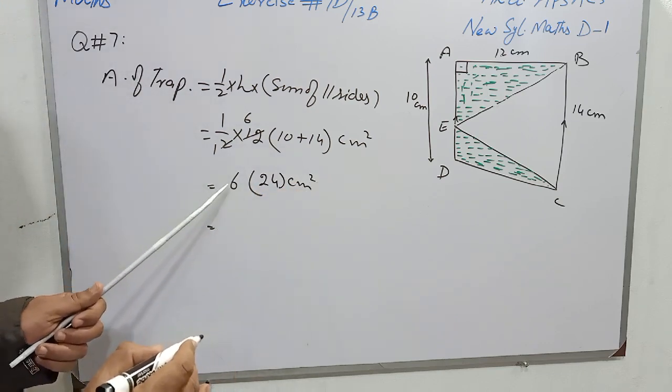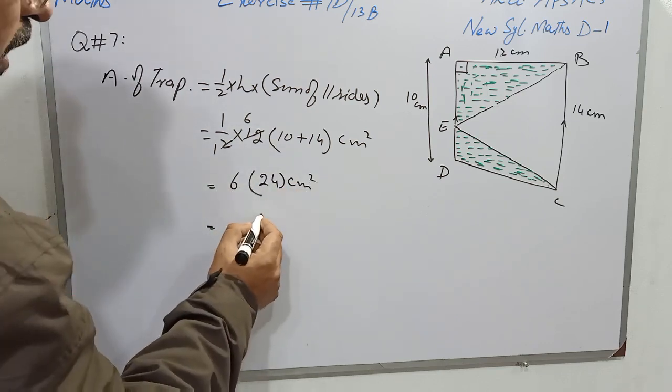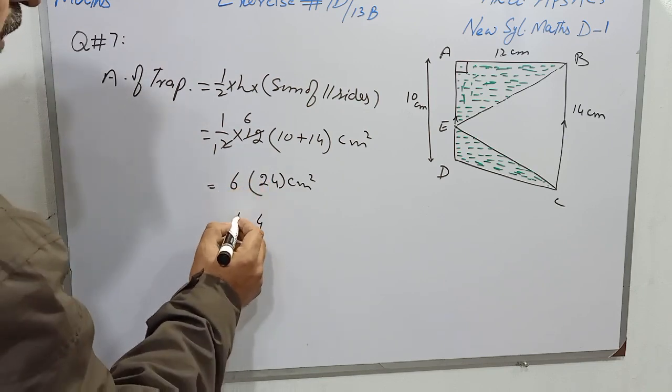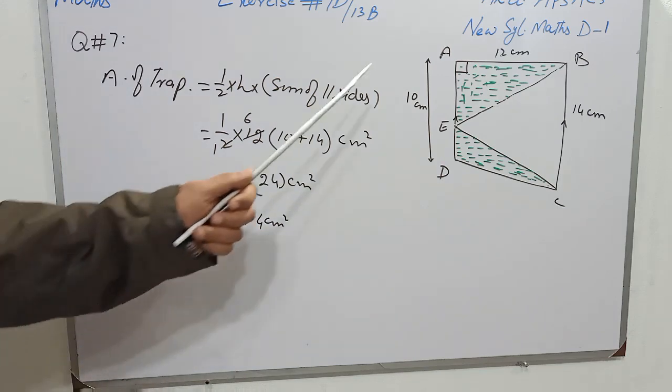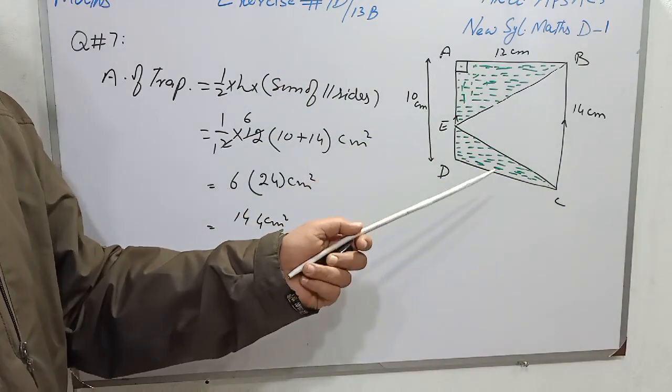Now I will multiply 24 and 6: 6 4s are 24, 2 carry, 6 2s are 12 and 2 makes 14, so 144 centimeter square is the area of the complete trapezium.